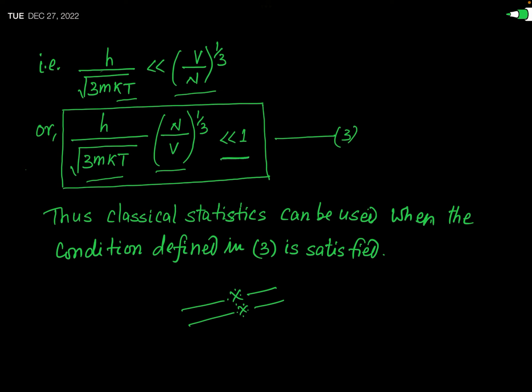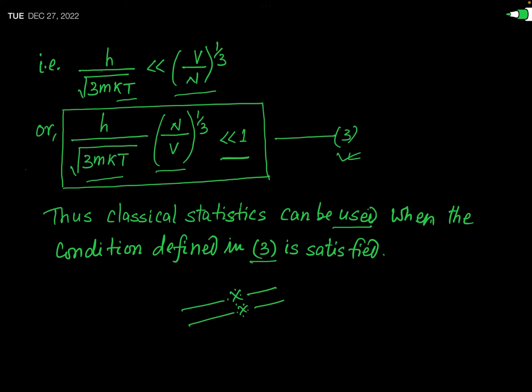This is the essential condition which, when satisfied, allows you to apply classical statistics, also known as Maxwell-Boltzmann statistics. So I have mentioned here that classical statistics can be used when the condition defined in equation 3 gets satisfied.